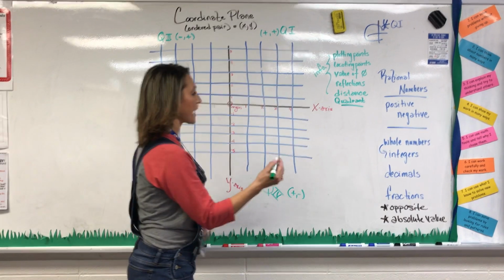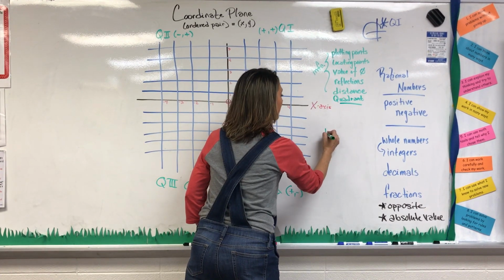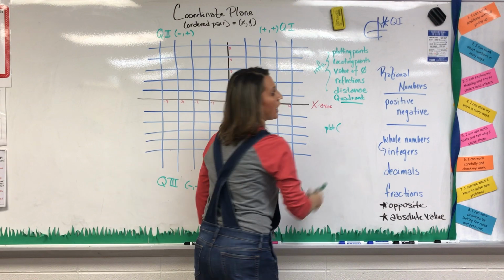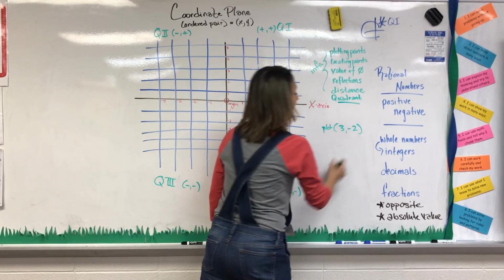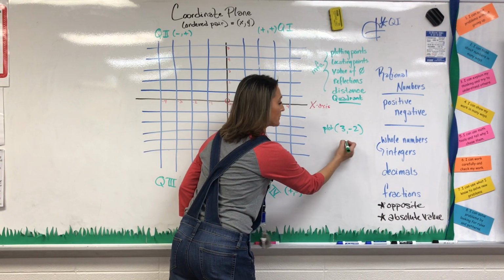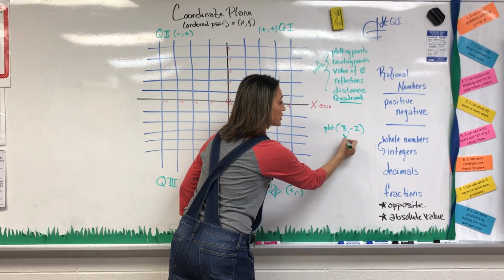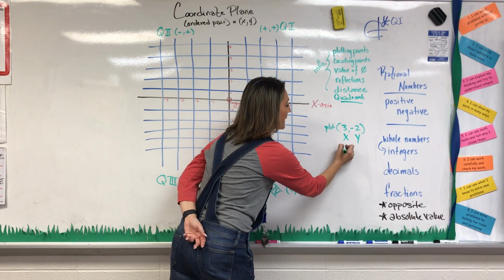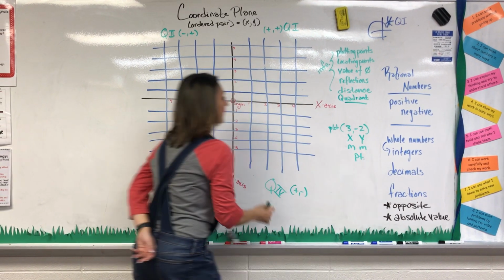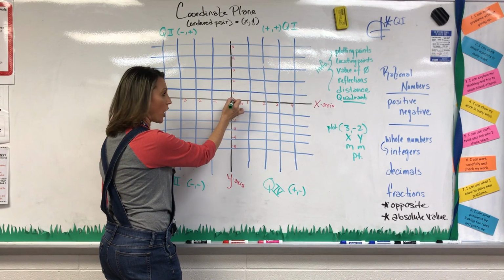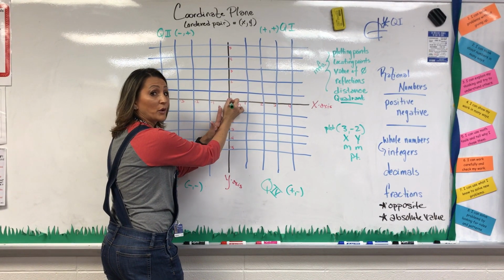So if I just want to plot a point, I'm going to do this first thing here of plotting points. I'm going to plot point (3, negative 2). So what I'm going to do is, as I talked about yesterday, X is my first number, Y is my second number. I'm going to move, and then plot my point. So I'm going to start at the origin always, and I try to make it in a fluid motion.